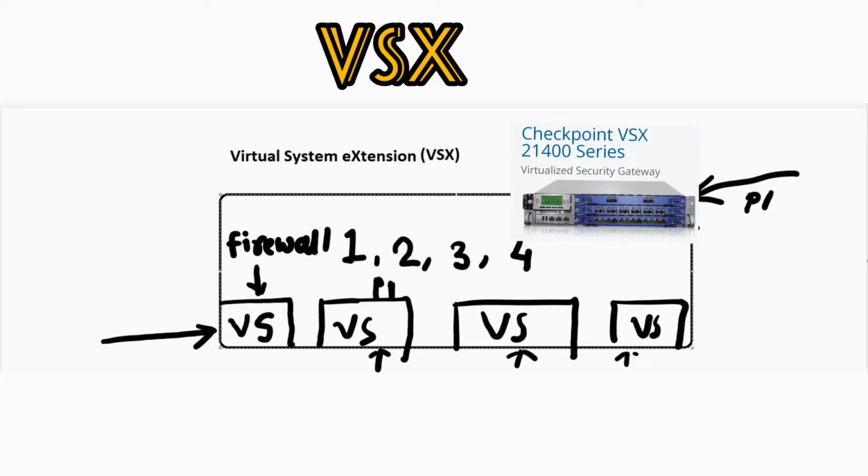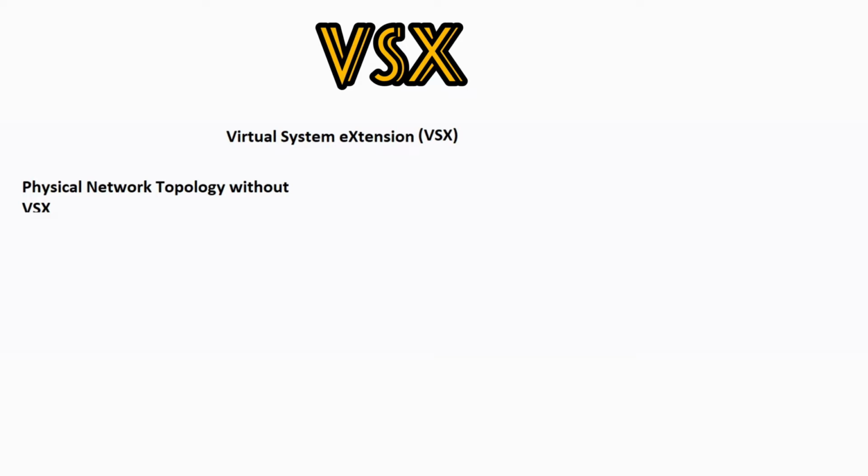Now let's see how the physical network topology without VSX will appear. Consider you have multiple internal networks, and those networks are protected by different firewalls. So this is your cloud from where the internet connection will come.